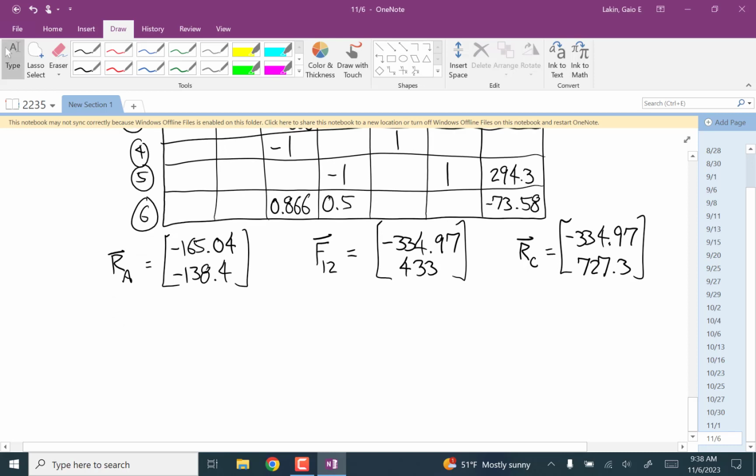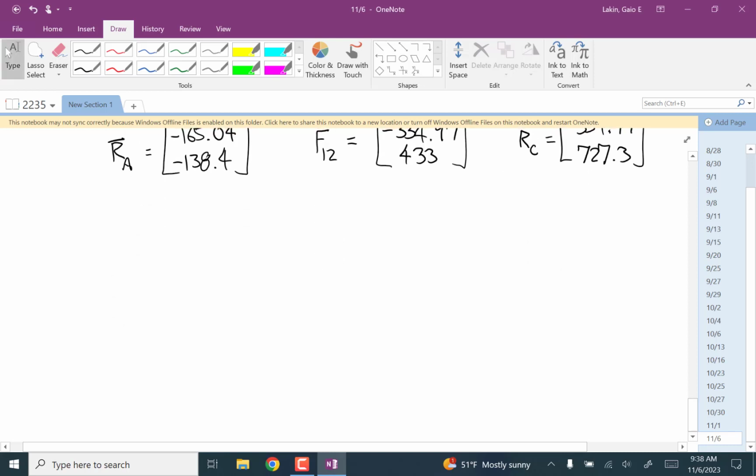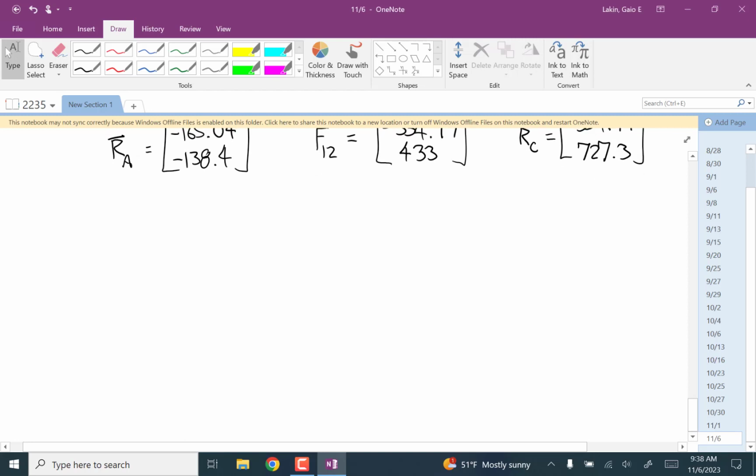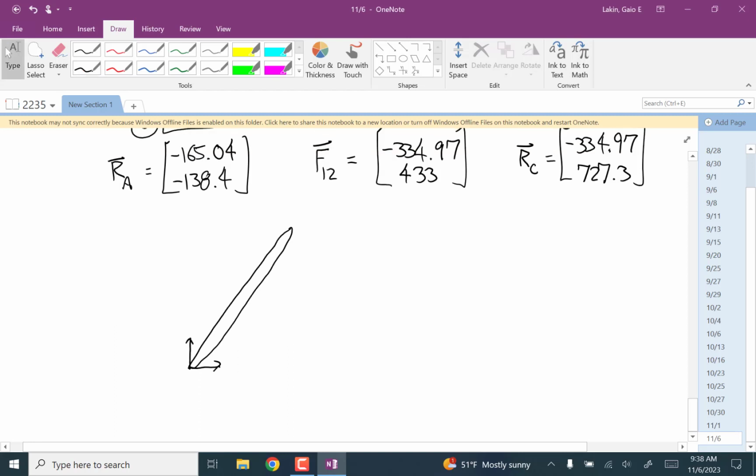Okay, so now we're finally at something new. We have this, our body with its external loads on it. We have negative 165.04, negative 138.4. A downward distributed load like this.